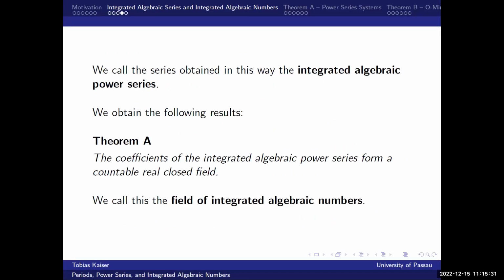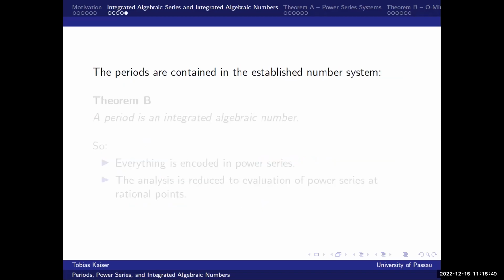Okay. So the coefficients form a real closed field, which I call the field of integrated algebraic numbers, because for algebraic power series the coefficients are the algebraic numbers. Now I call the coefficients integrated algebraic numbers. And now, contributing to your question, a period is an integrated algebraic number.